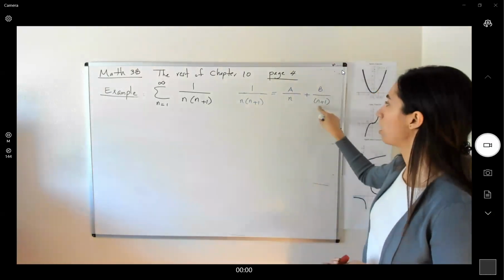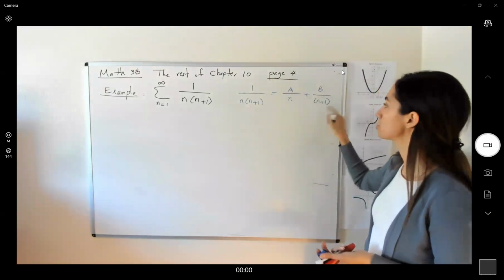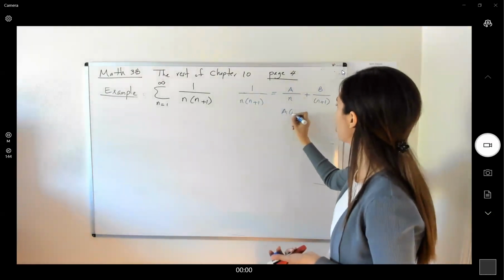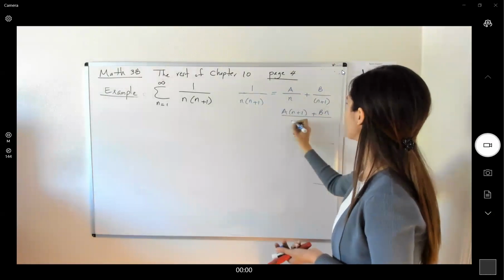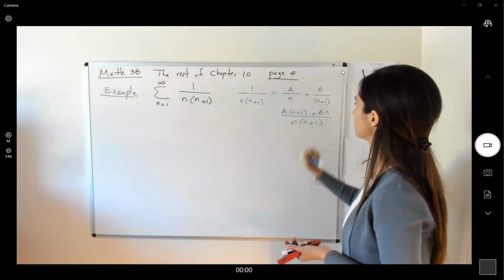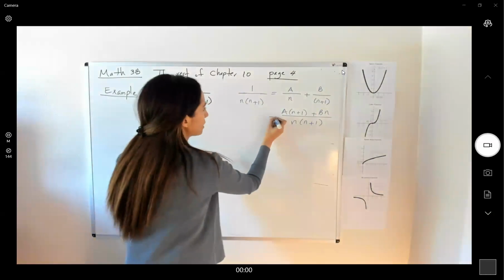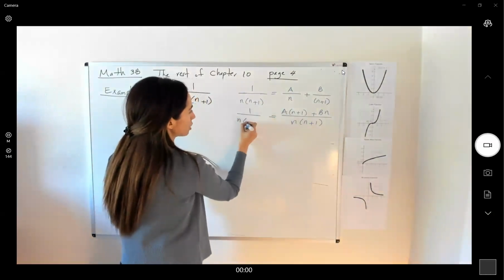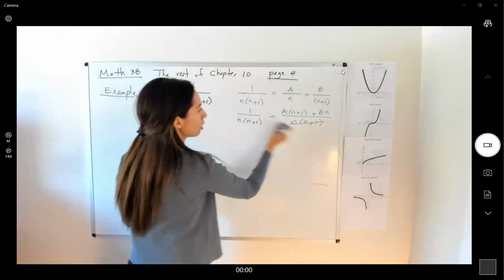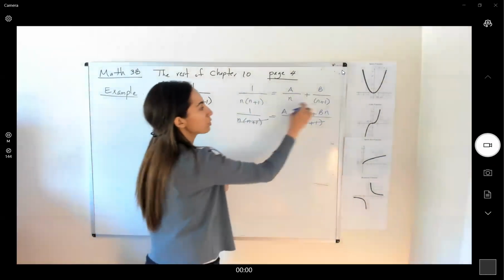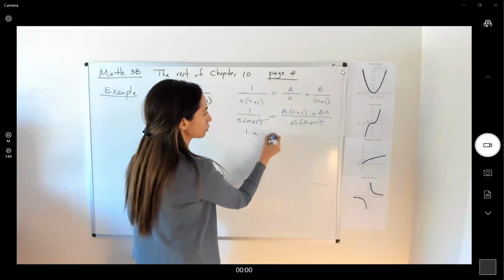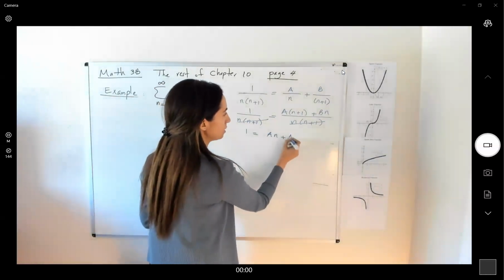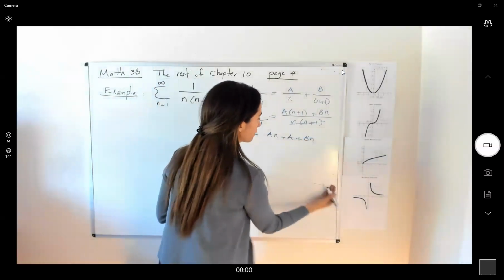So if you take a common denominator between these two, it's going to be a times n plus 1 plus bn, divided by n times n plus 1. Left-hand side and right-hand side must be equal to each other. So the denominators are the same, numerators must be the same as well. So it means that 1 is equal to an plus a plus bn.